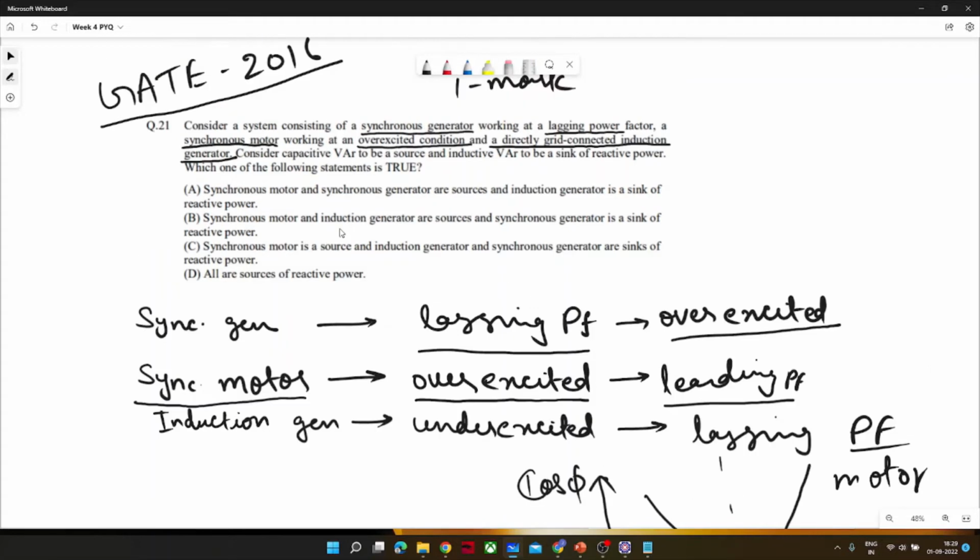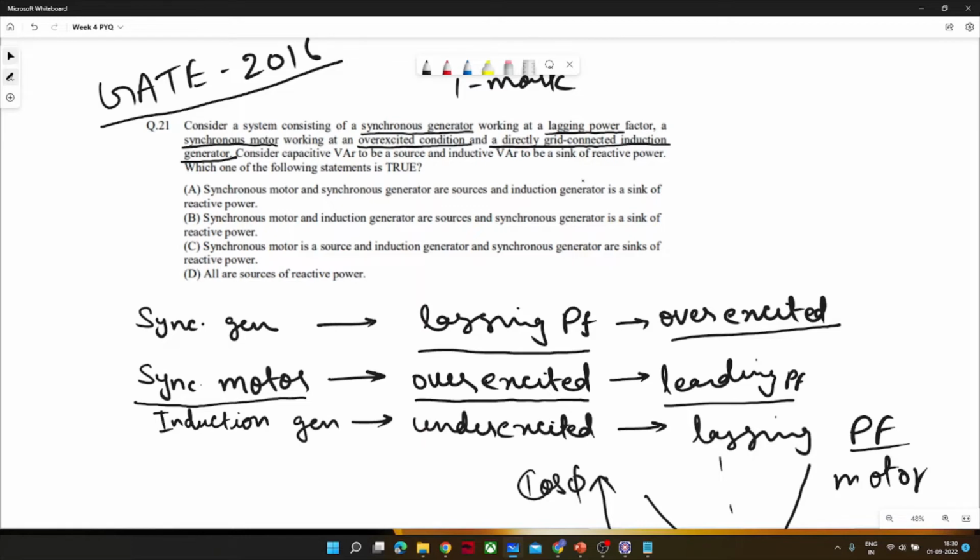Okay. So the problem was regarding: consider a capacitive load to be a source and an inductive load to be a sink. They tried to confuse more, like an inductive load being a sink of reactive power or a capacitive load being a source of reactive power.